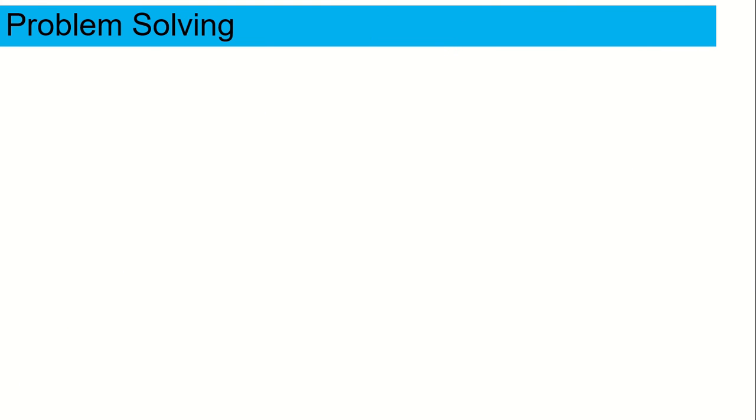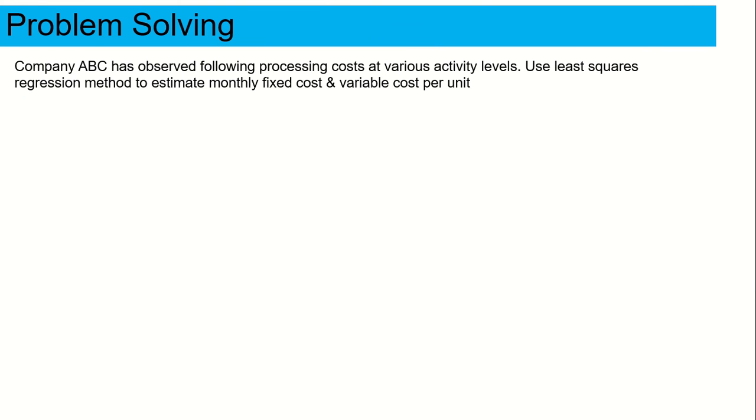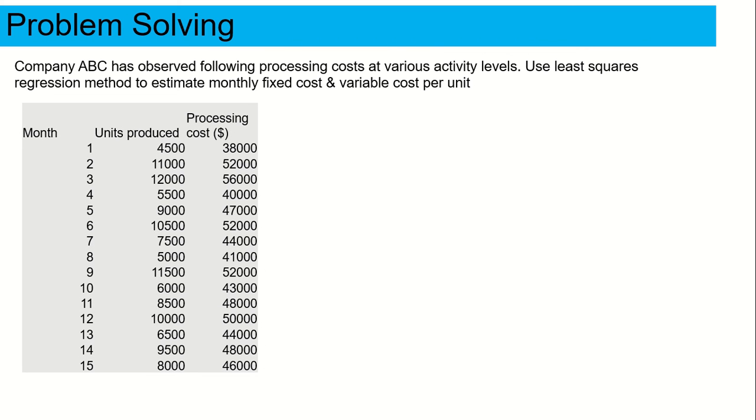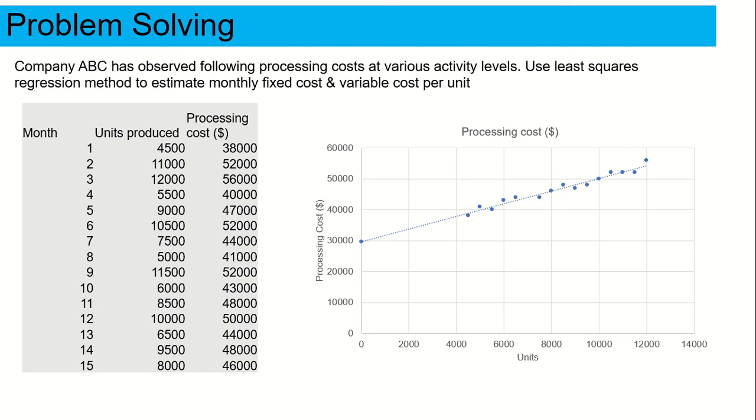Take a look at one of the examples. Company ABC has observed the following processing costs at various levels of activity. Using the least squares regression method, let's try and find their monthly fixed cost and variable cost. These are the data sets of 15 months of units produced and the related processing costs of manufacturing those units.